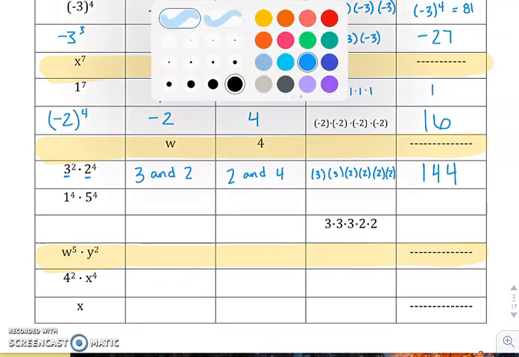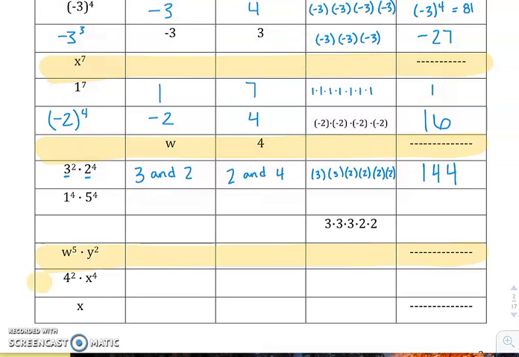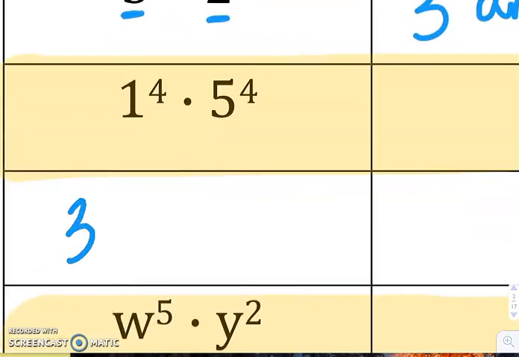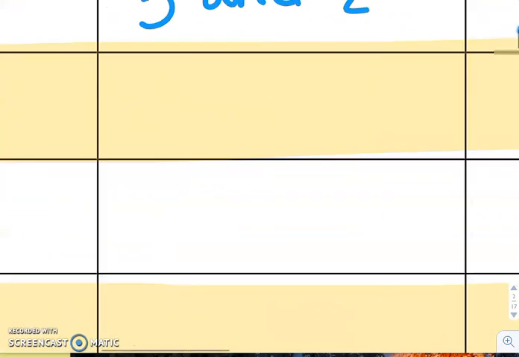I'm going to add some here for you to do because you're probably getting a hang of it now. I'm going to have you do this one and this one. So let's look at the next one. 3 times 3 times 3 times 2 times 2. So we've got 3 3's and 2 2's. So that would be 3 to the 3rd times 2 to the 2nd.